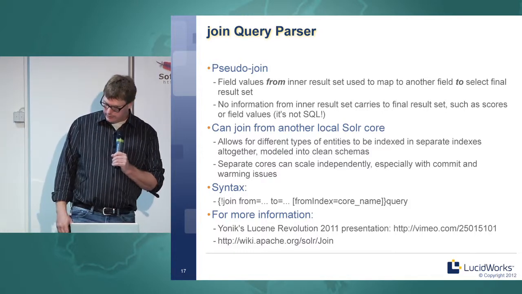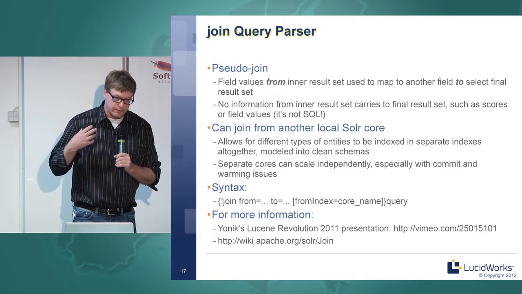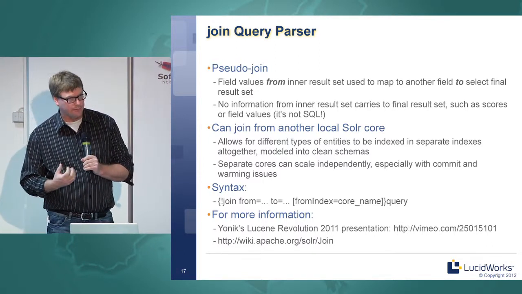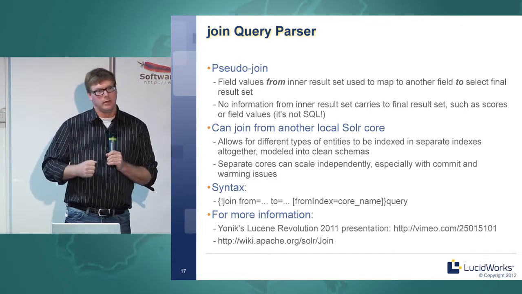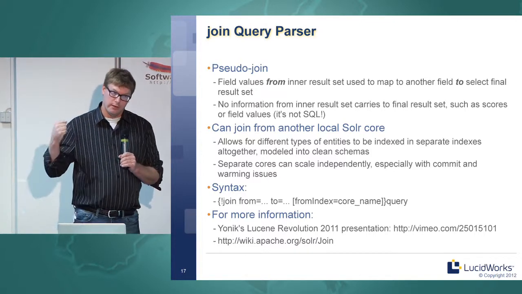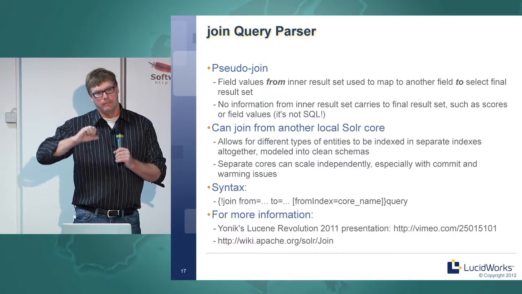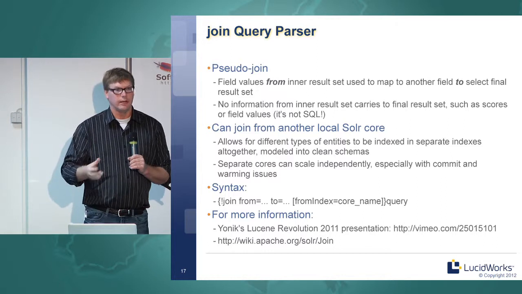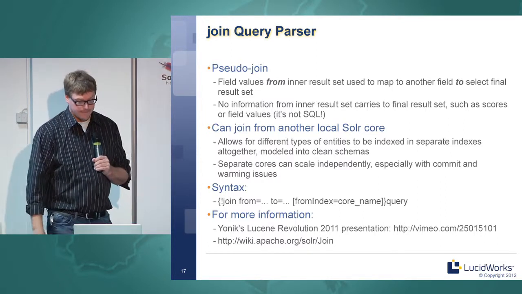And this may be, well, it's not quite the last query parser we're going to talk about, but the join query parser. This is effectively a pseudo join where you can specify a from field and the query, and it will make that query and pull all the values from that from field and match that to a to field, and match the documents from that to field that match that inner query, basically.